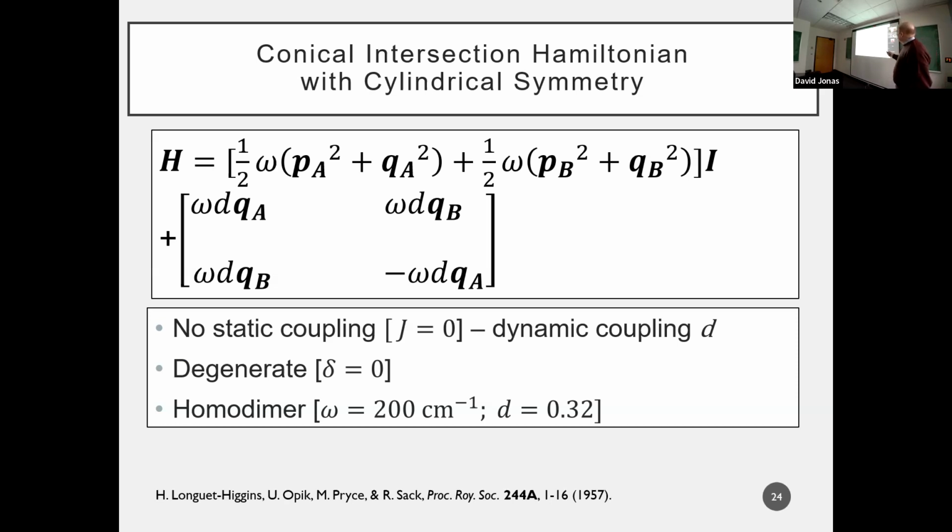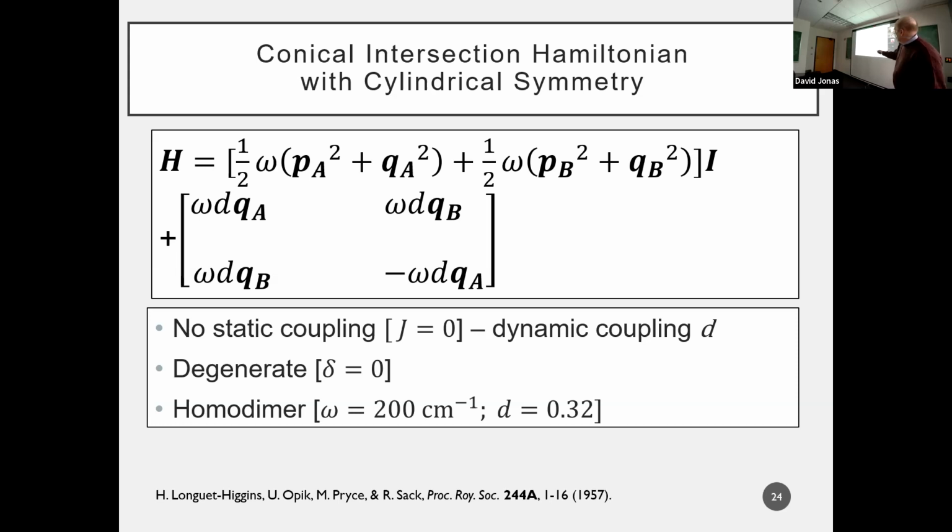So now, what do these nodes look like if you have a conical intersection? So we decided to look at that in a Hamiltonian with the highest sort of symmetry conical intersection possible. And so that meant cylindrical symmetry conical intersection. And so this Hamiltonian looks like the one that we looked at before, except that the vibrational frequencies are exactly equal.